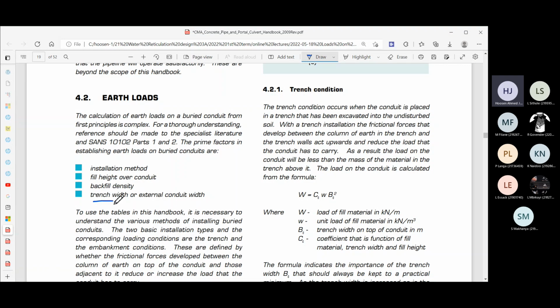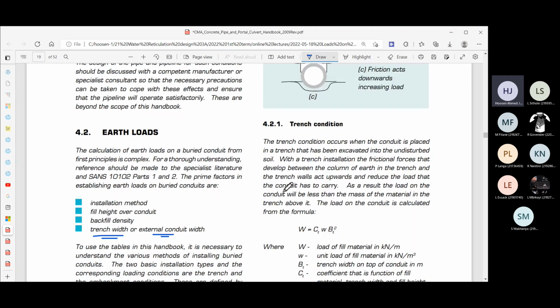Now, this is an important part in the design, the trench width and the external conduit width, and we'll talk about this. You'll see when we refer to flexible pipes and rigid pipes and trench conditions or embankment conditions, that's where these factors will have an influence, the trench width.